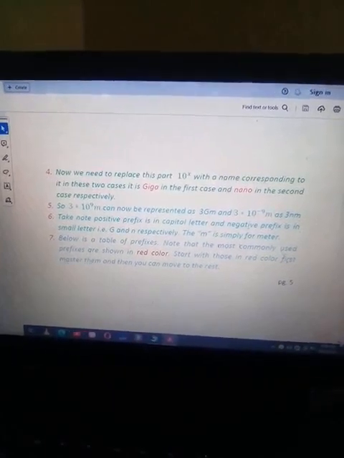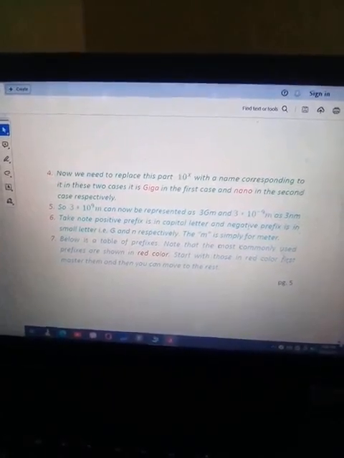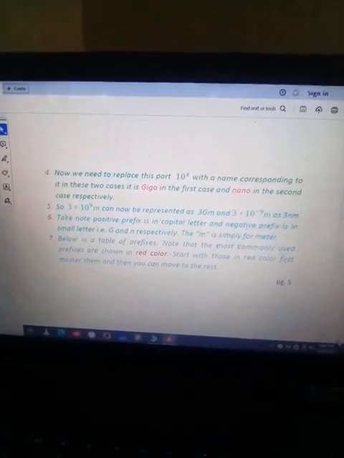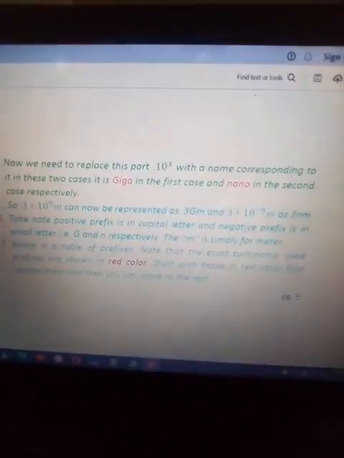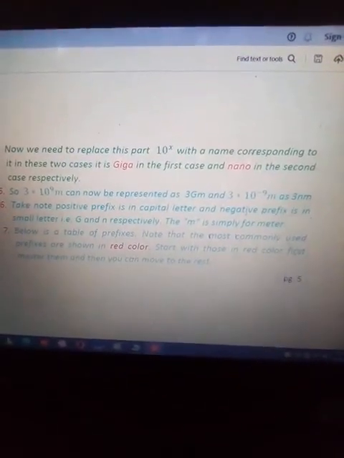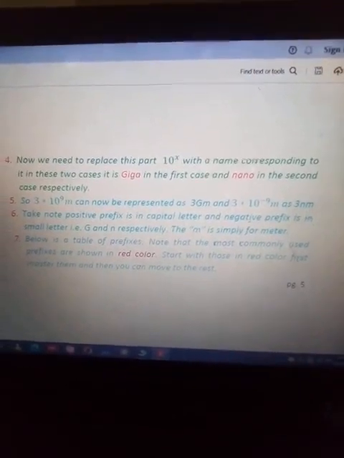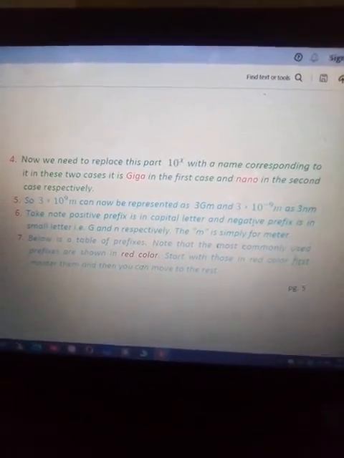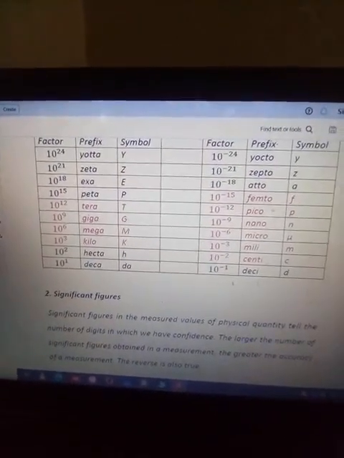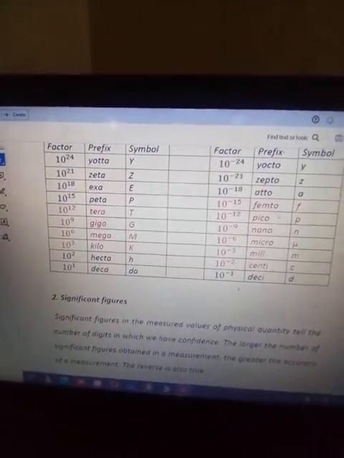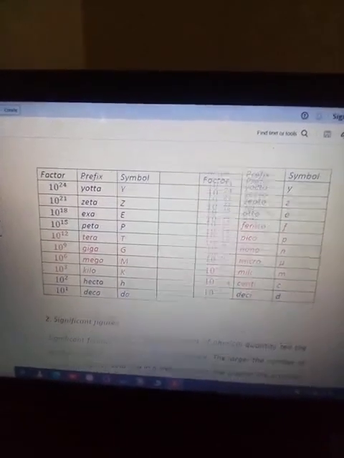Below is a table of prefixes. Note that the most commonly used prefixes are shown in red color. Start with those in red color first, master them, and then you can move to the rest. So this is the table of prefixes.